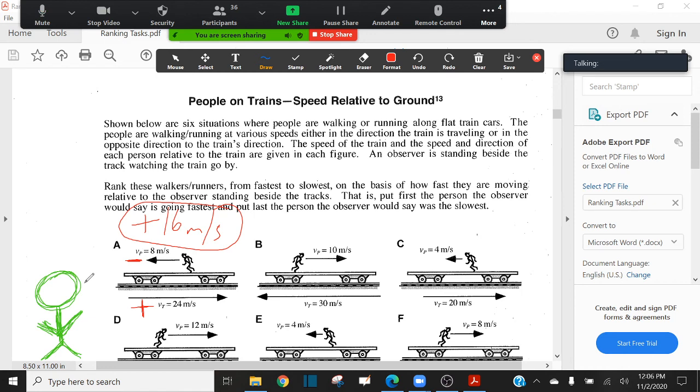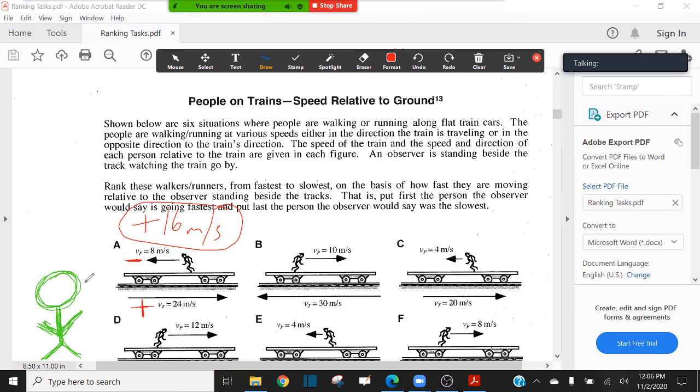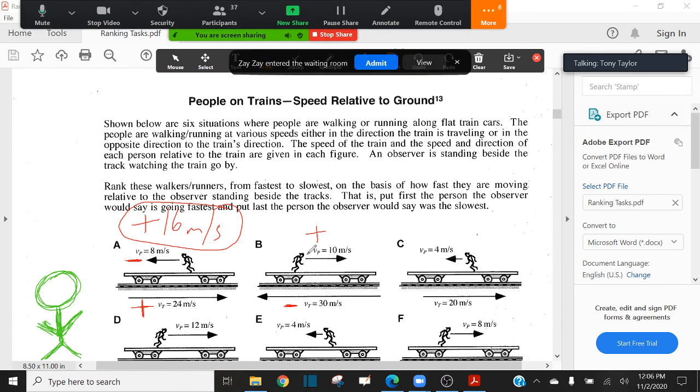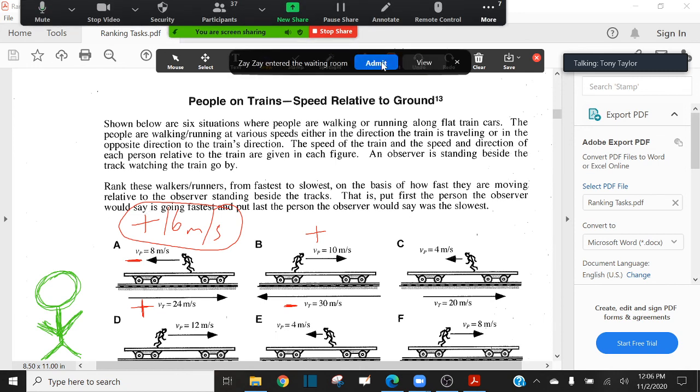Well, remember what I said before. Any arrow that's pointed toward the left, or in other words, pointed toward the west, you want to call that velocity negative. And when it's pointed toward the right, you want to call that velocity positive. So when we combine these velocities, what is the velocity of the person relative to the point of view of the person in green?